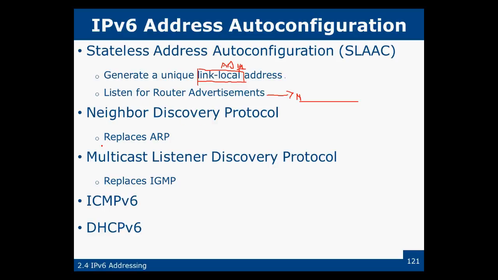Neighbor Discovery Protocol replaces ARP. ARP is gone. ARP is a kind of dangerous protocol because it'll accept the answer to a question that it never asked, like what's the MAC address of the default gateway.